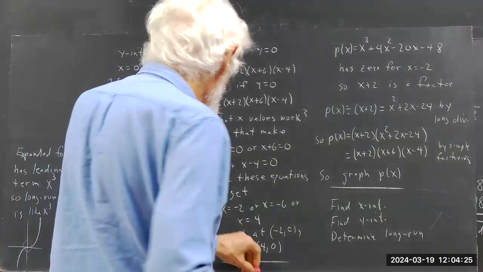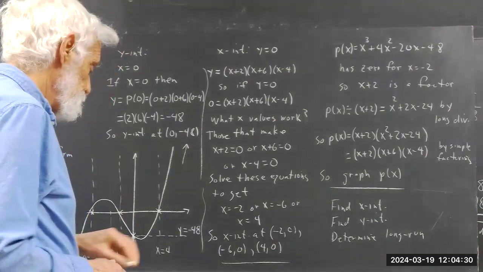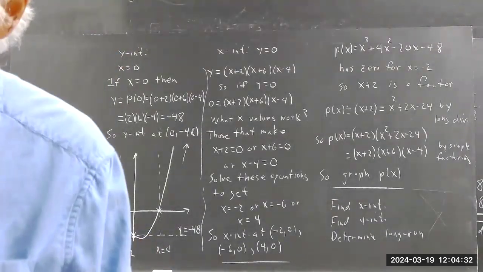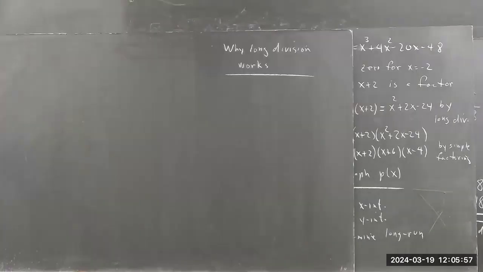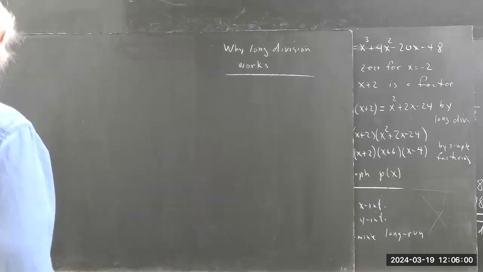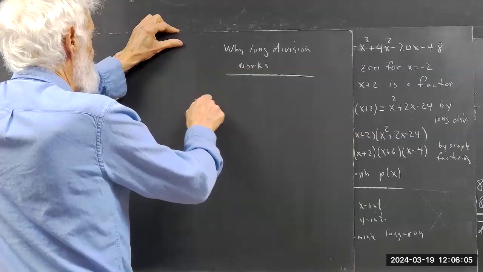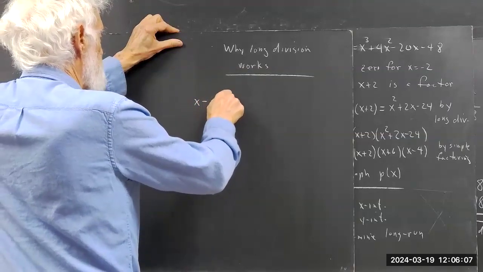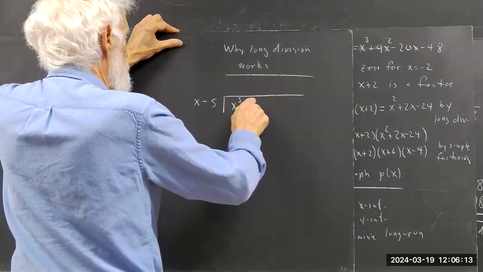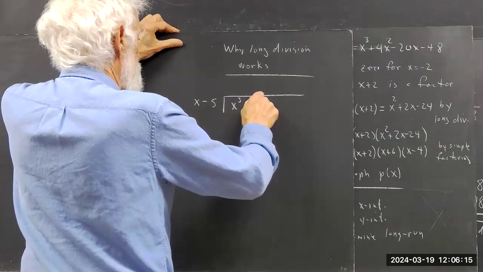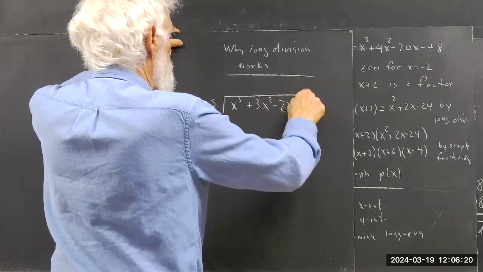Now, it's a little more interesting. And let me just double check. So it's like, okay, we want to divide say x minus 5 into x cubed plus 3x squared minus 2x plus 4.